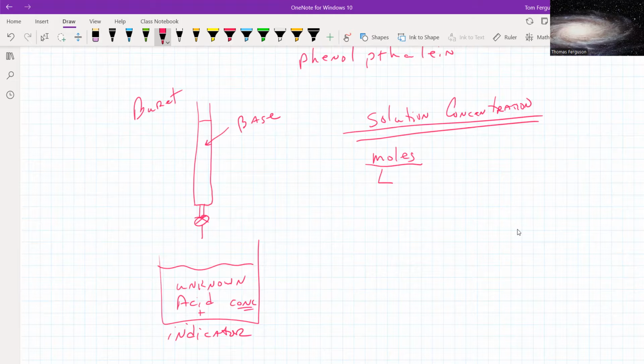The official definition is moles of solute per liter of solution, but for this series of labs, all we need to know is moles per liter. Remember on the last lab, you had the 3M stuff and the 1M stuff. This is what they're referring to. The 3M stuff is 3 moles of acid per 1 liter of solution. The 1 molar stuff will be 1 mole per 1 liter. That's what that means.